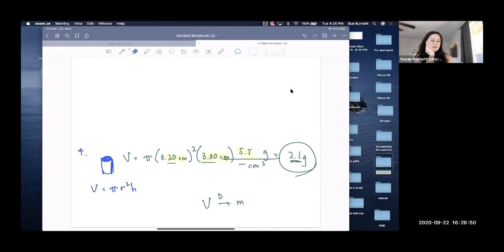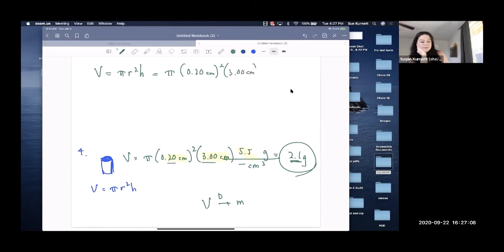The next thing is, I'm noticing as I grade things, here you would start with volume equals pi r squared h. And then you can put in what the numbers are. And then you're going to come up with a value. It was 2.1 something something, there were more digits.